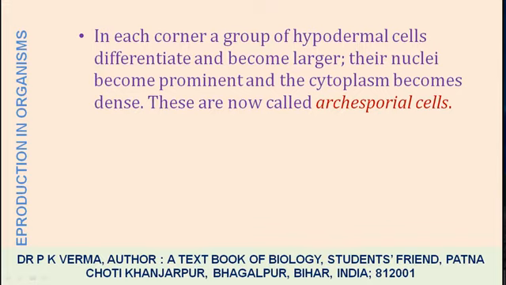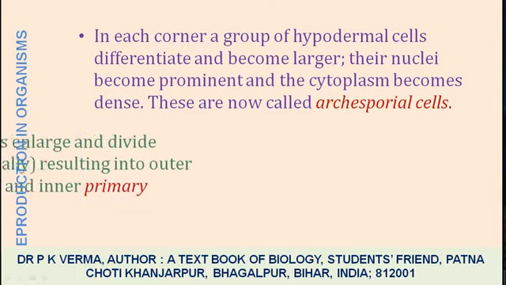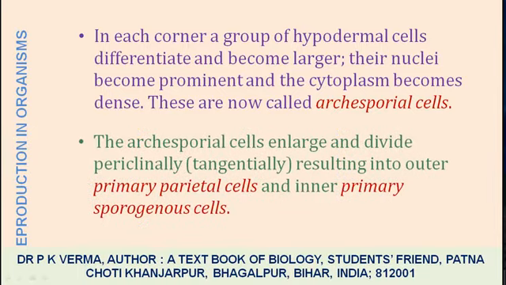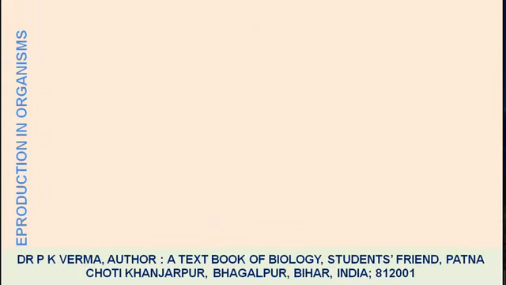This large cell is now called the archesporial cell or archesporial initial. Now the archesporial cell enlarges further and divides periclinally or tangentially, resulting in an outer primary parietal cell and an inner primary sporogenous cell.